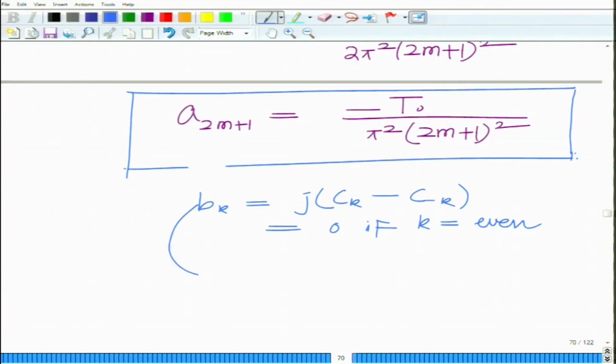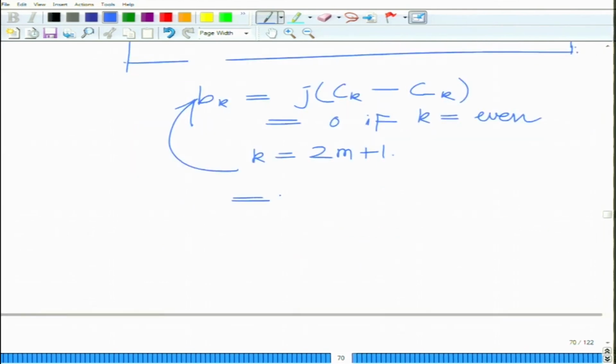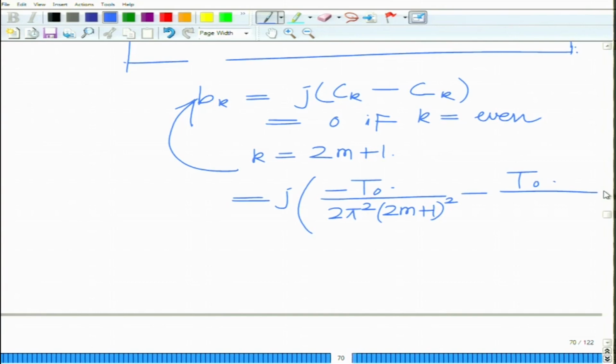If k is odd, then Bk is j times (minus T naught by 2 pi square into (2m plus 1) whole square, minus C minus k, that is minus T naught by 2 pi square into (minus 2m minus 1) whole square), which you can clearly see is 0.